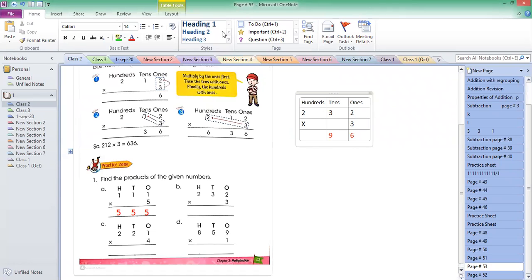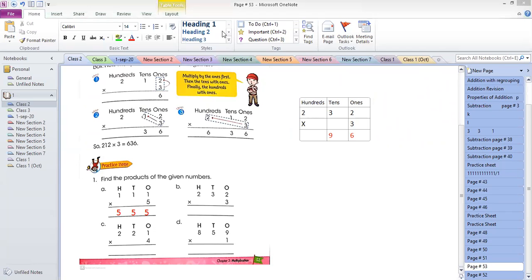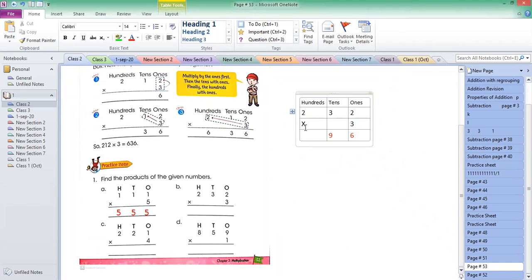I think he closed his mic. Muhammad Asad, can you hear me? Tell me, what number should I write here? 3 multiplied by 2 is equal to?